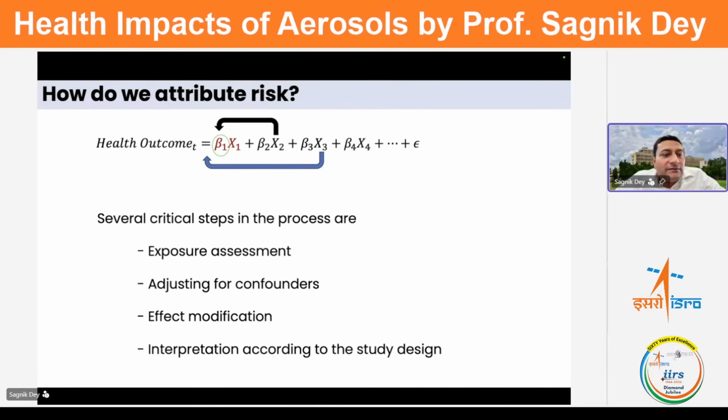Now, one important point to keep in mind is that air pollution is a risk factor. What is the difference between a risk factor and an outcome? Air pollution does not directly kill people. You can draw a parallel between air pollution and smoking. Smoking also does not kill a person.